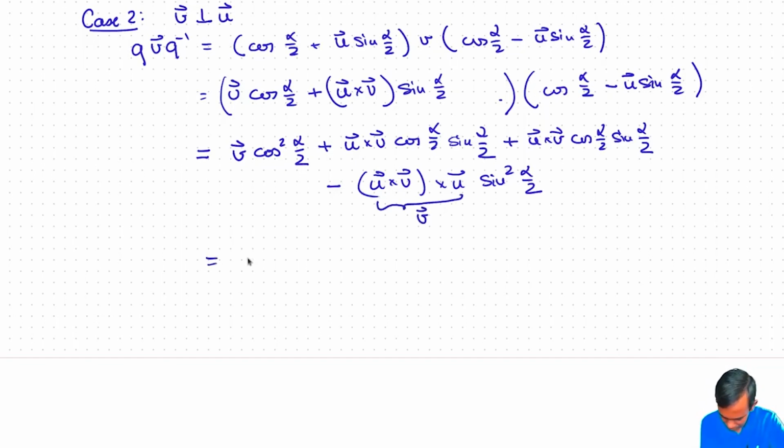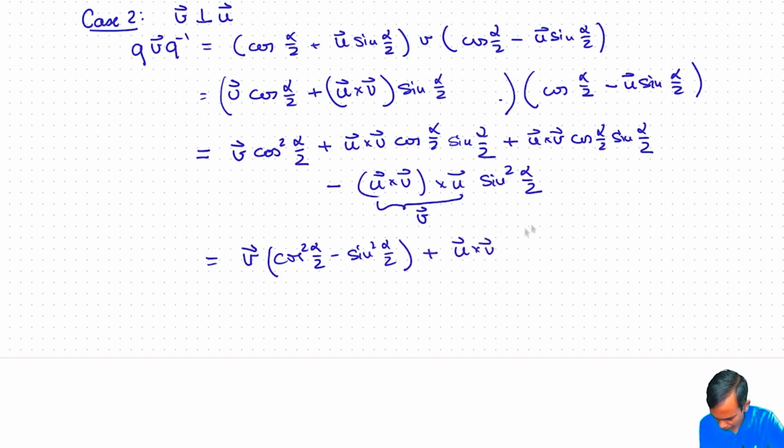So what you get is just v times cos squared alpha by 2 minus sine squared alpha by 2, plus u cross v times 2 sine alpha by 2 cos alpha by 2, which is v times cos alpha plus u cross v times sine alpha.